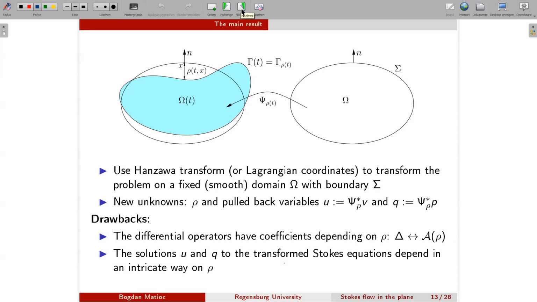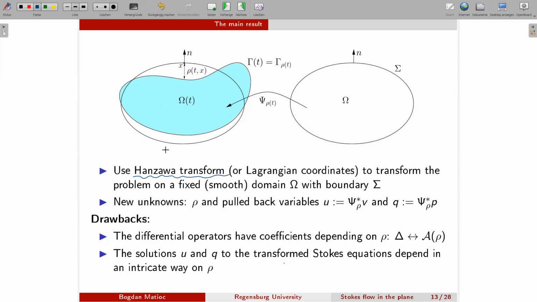So when dealing with moving boundary problems, the usual approach is to transform the problem on a fixed domain, by using either the Hanzawa transformation or Lagrangian coordinates. So let me talk about the Hanzawa transformation, which is something which I know from my research.